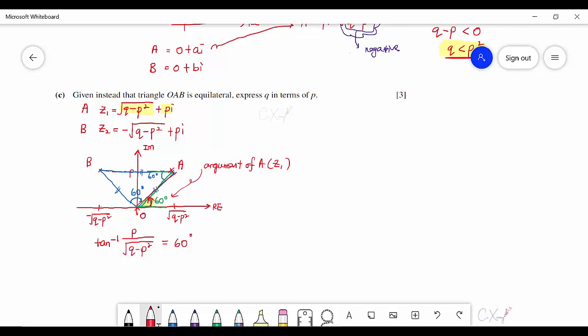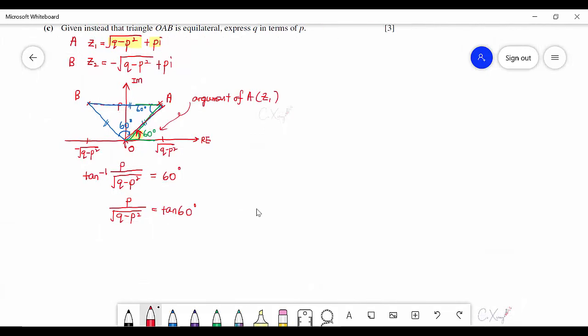Then now the tangent inverse, I will move it over, so I'm having tangent 60 degrees. Now I want to simplify everything here and express Q in terms of P. So what is tangent 60? Tangent 60, I get square root 3. Then I move the square root of Q minus P squared over.